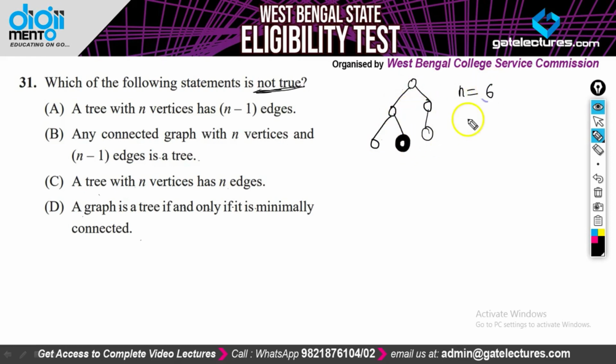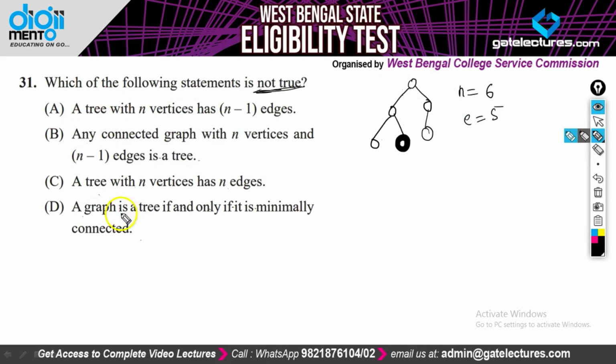And how many edges do I have? 1, 2, 3, 4, 5, right? I can increase the number, like I can have this. So then there will be 7 vertices and 6 edges. Okay, so I can have anything I want. So take the minimal example, it will be easy.